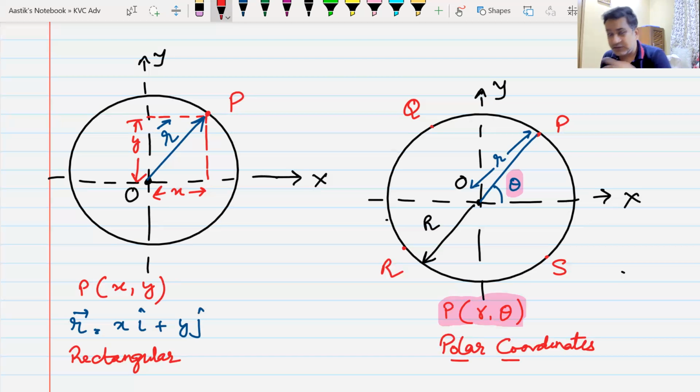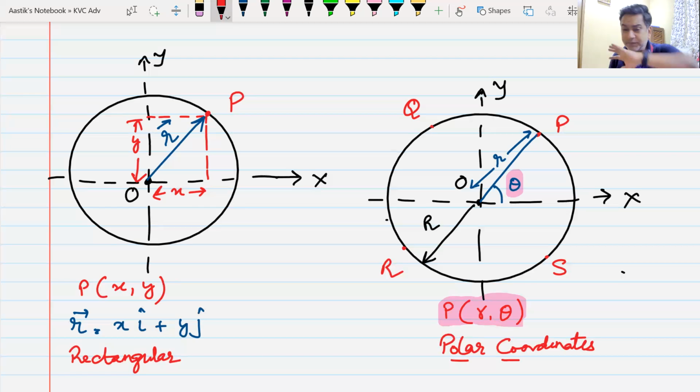So we are going to use this theta whenever we think about circular motion or rotational motion, because it is easier to imagine this motion in terms of this angle. Because things rotate, they rotate by an angle. Things turn, they turn by an angle. So it is easier to understand it in terms of this angle. And this angle or this theta is known as the angular position of the particle. Do we understand this? Yes, sir.